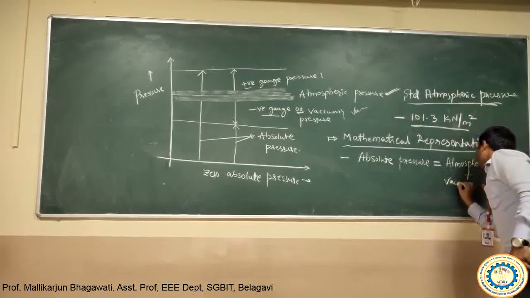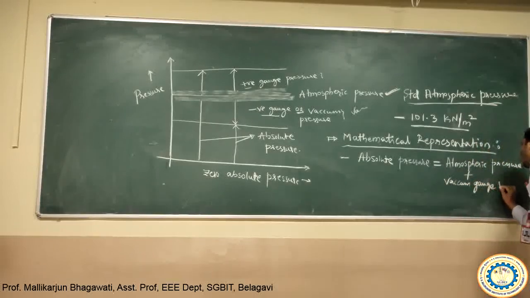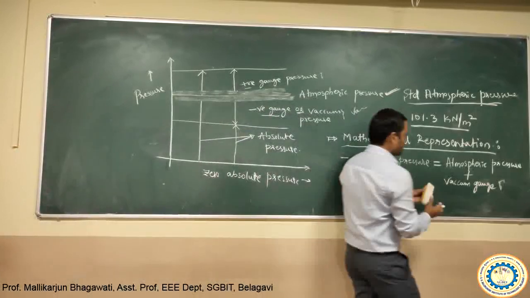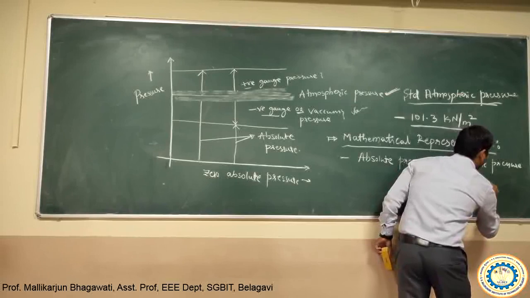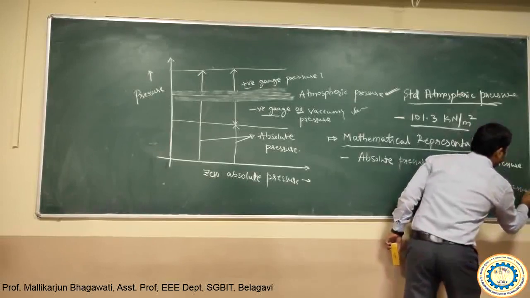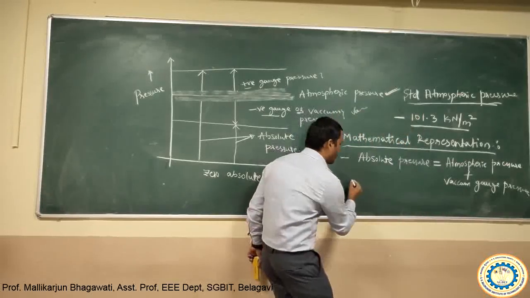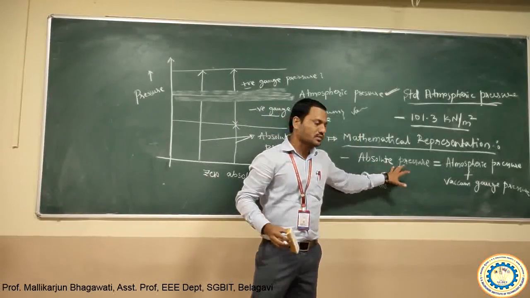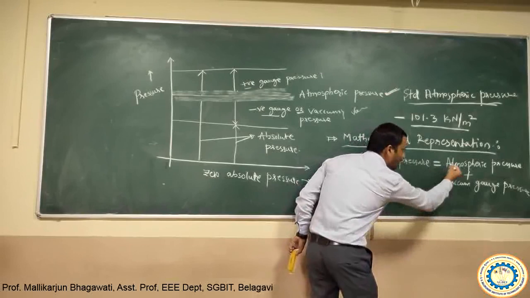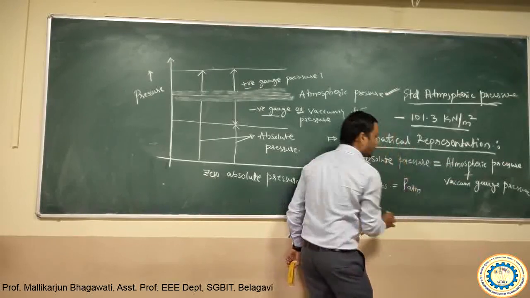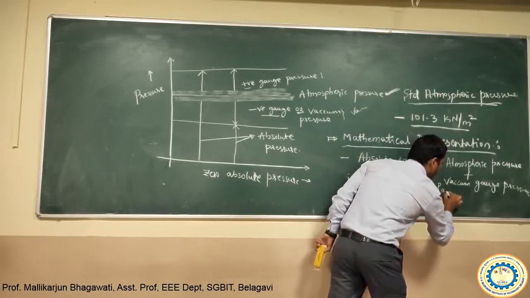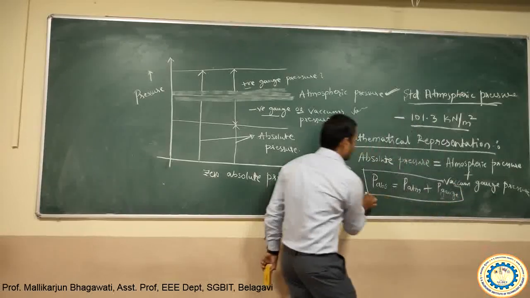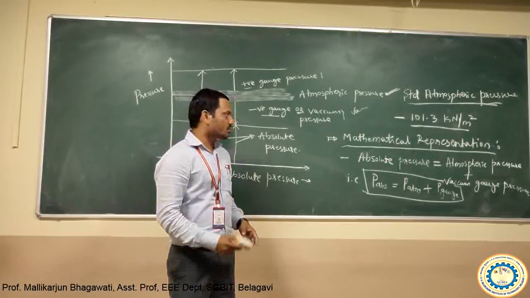In short form, the absolute pressure is written as P_abs, which is equal to P_atm plus P_gauge.